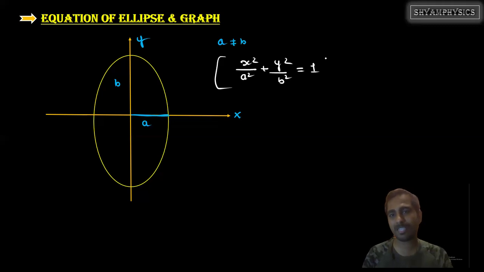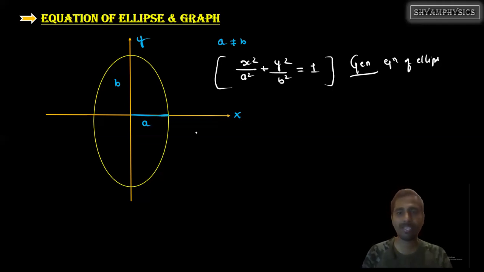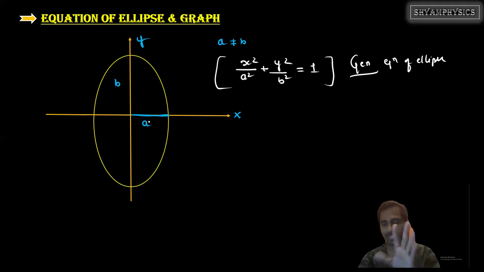This is the general equation of an ellipse. You will find some equations in 11th standard physics which look exactly like this. From here only you need to resolve the questions. Understood my point?